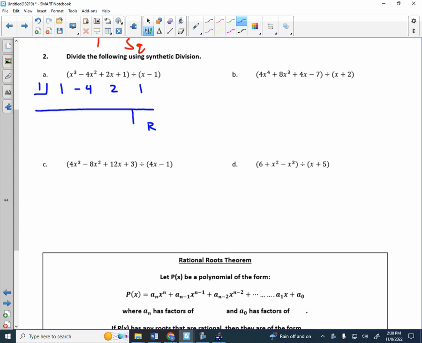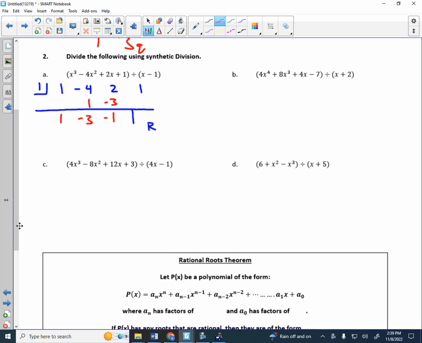Does anybody remember how I start the process of the synthetic division? I actually drop the 1 straight down here. And then I multiply. And I get 1. Instead of subtracting, I add. It's nicer to add than it is to subtract, isn't it? It's part of what makes this great. -4 plus 1 is? And then I multiply. 1 times -3. -3, I add to get -1.